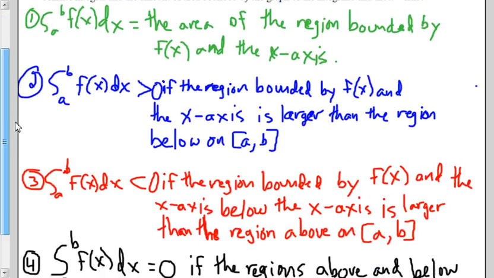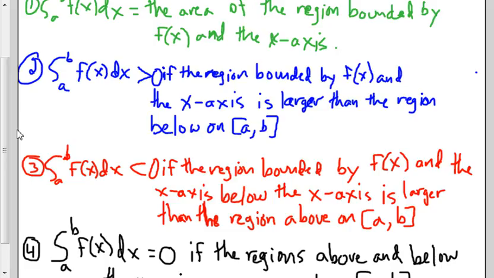Second thing we can come up with, the integral from a to b of f of x dx is positive, or greater than 0, if the region bounded by the function and the x-axis above is larger than the region below on the closed interval. So again, if the region between f of x above is greater than what's below, then the integral is going to be positive.